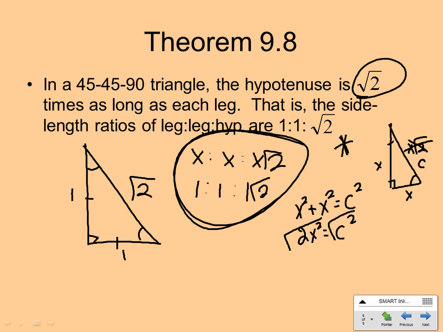So I have c being the square root of 2 and the square root of x squared. What do I know about x squared when I square root it? It becomes x. So now I have c equaling x radical 2, I can't simplify radical 2. That's how they get the hypotenuse, general case.